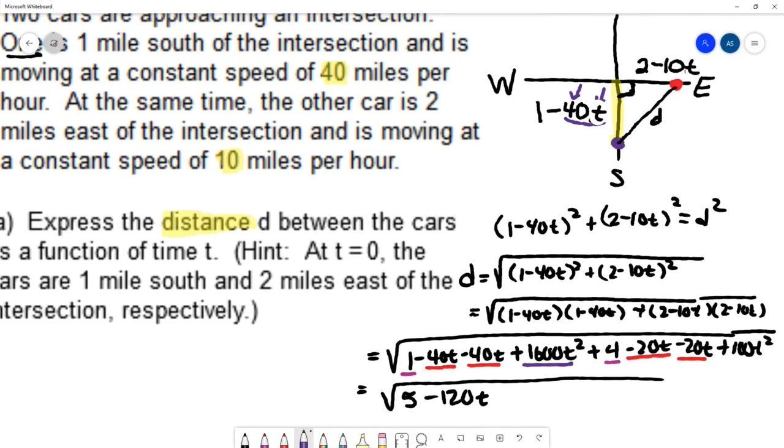And then I have like terms of 1600t squared and 100t squared. So those combine to be 1700t squared. So this function is going to give me the distance between the two cars at any moment of time.